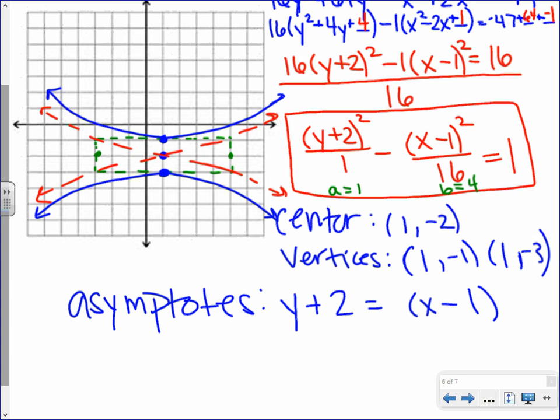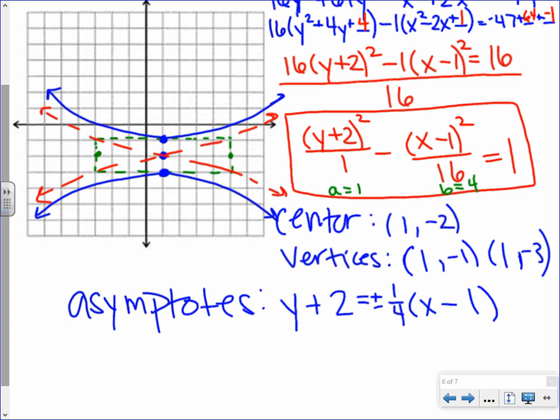The positive slope line, what is its slope? Up 1, right 4, so 1/4. The other line has a slope of -1/4. So we can just write two equations in one. Our slope is positive 1/4 and -1/4, and they both go through the center.